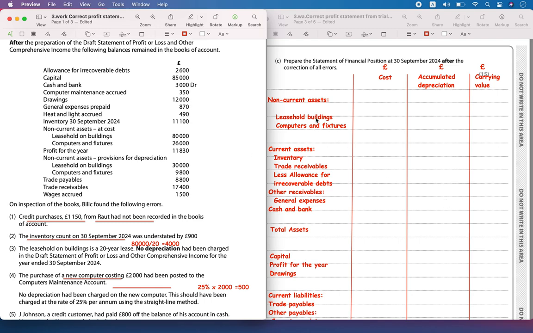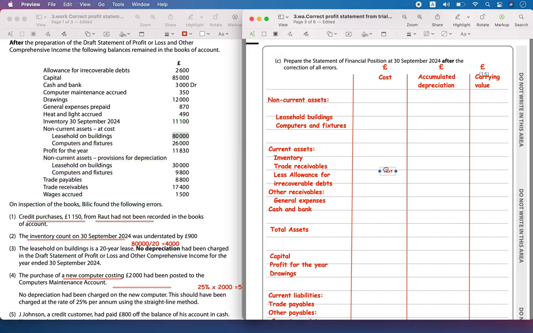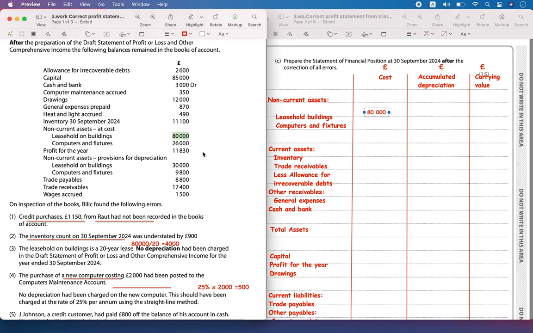Okay, first leasehold on buildings. So the cost is not going to change, so the cost is at 80,000.